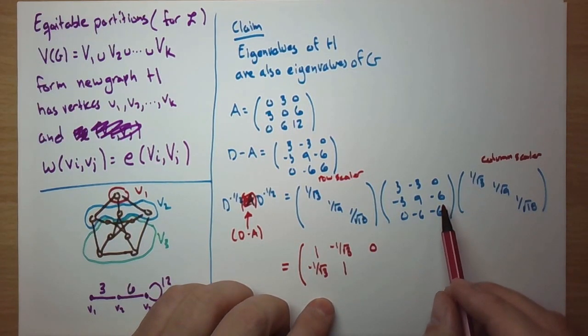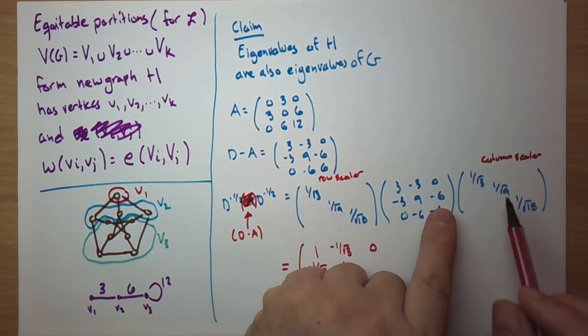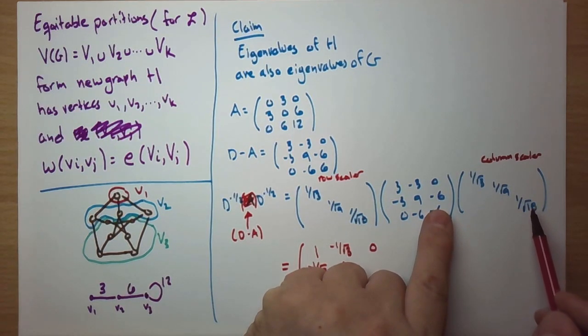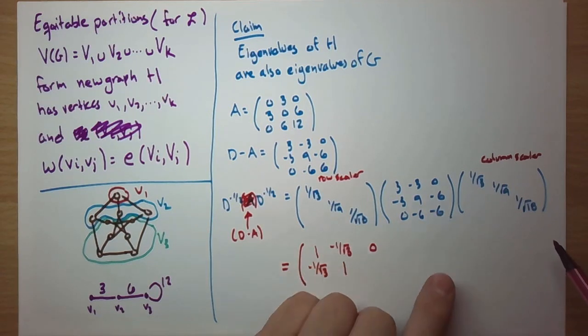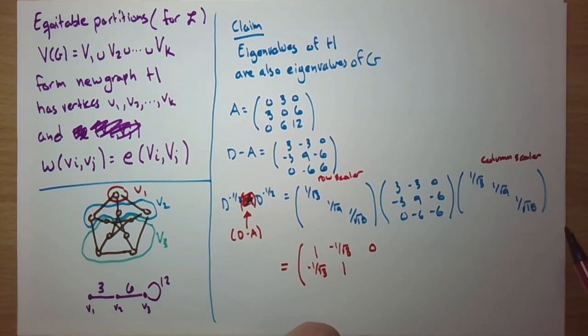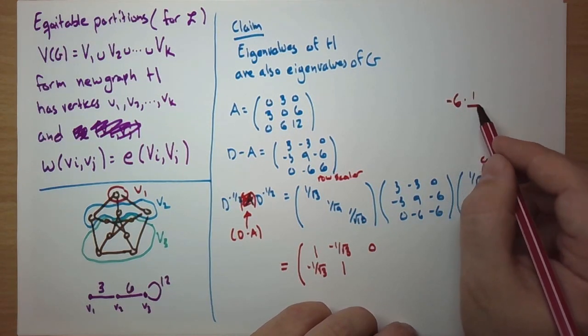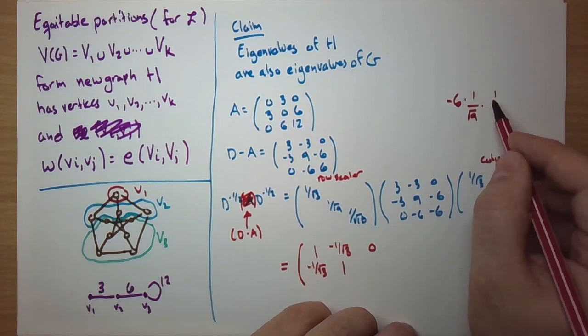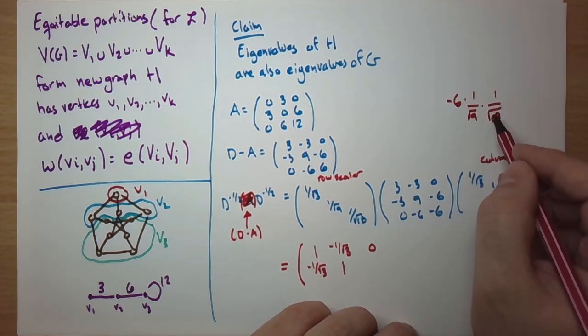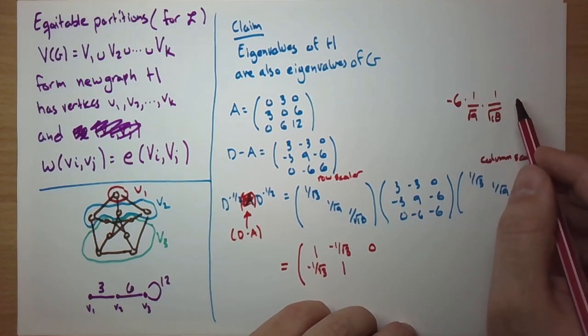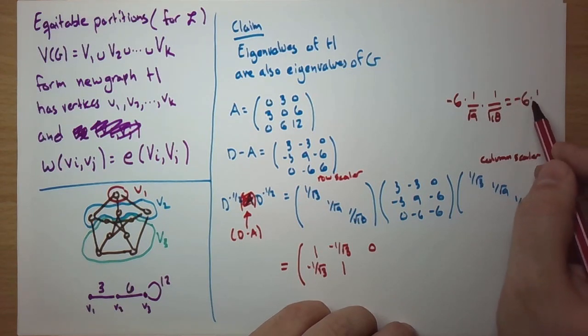For 9, we're scaling by 1/3 and by 1/3, so 1. Then for this minus 6, we're scaling by 1 over root 18 from the column and 1 over root 9 from the row, which makes a number. Minus 6 times 1 over root 9 times 1 over root 18.